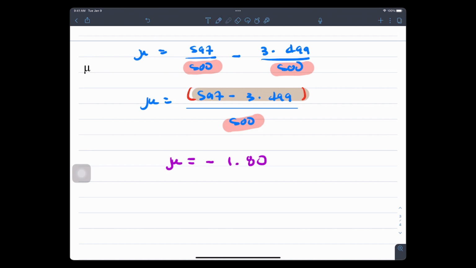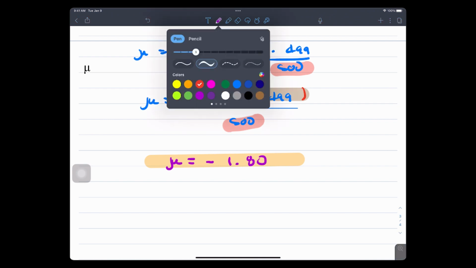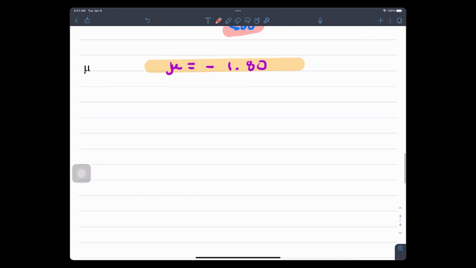So I use the definition here to compute the expected value or the mean. Now notice something here. This is negative, right? What does this mean? Well, remember, a negative means it comes out of your pocket. We assigned that value for losing money.